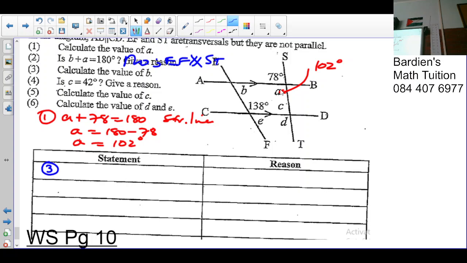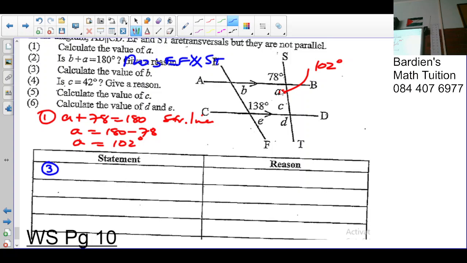We just saw now that a plus b is not 180, because the lines are not parallel. Now you're telling me 102, which is a, plus b is 180. They will only add up to 180 if and only if the lines are parallel. Are the lines parallel? No. So I can't do that.